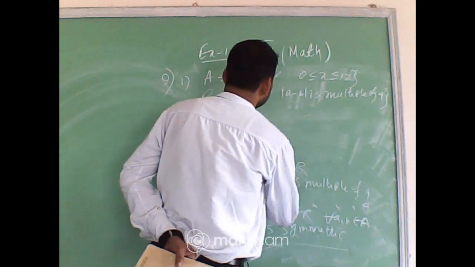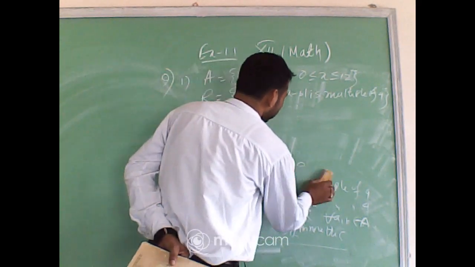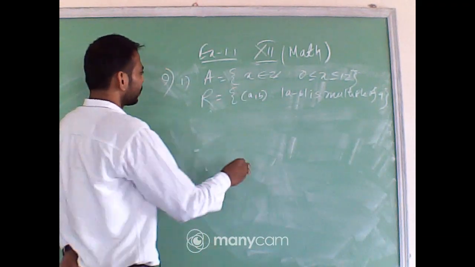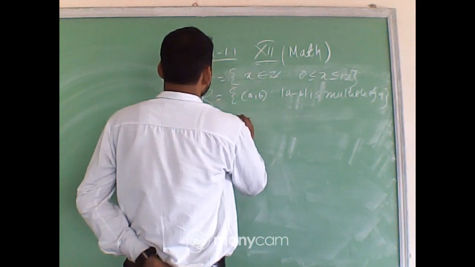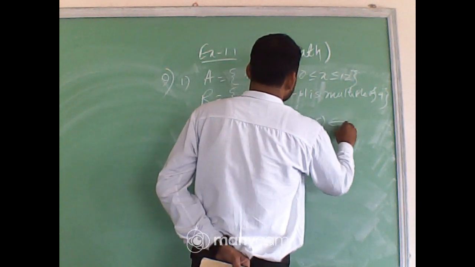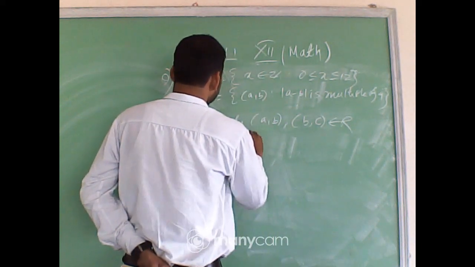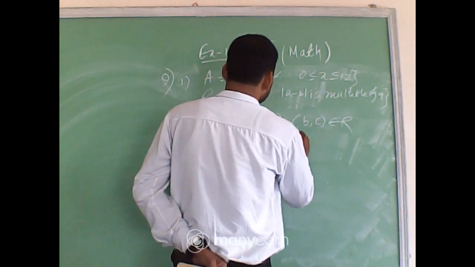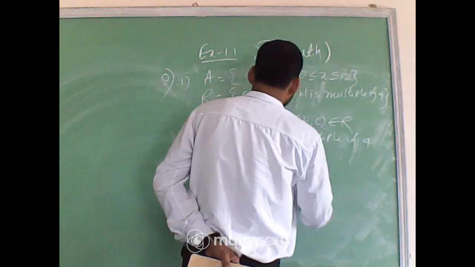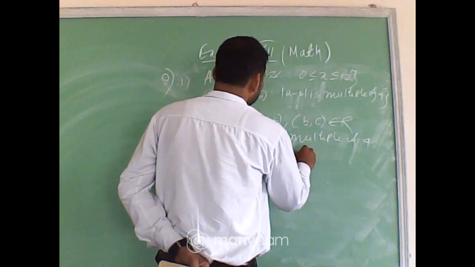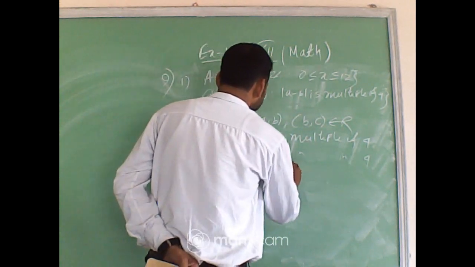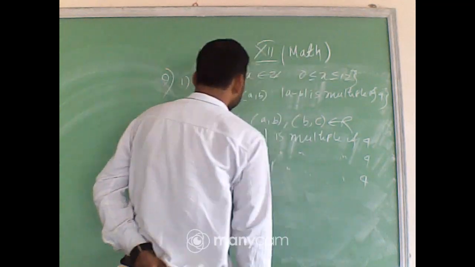Now the transitive portion. Let (a, b) and (b, c) belong to R. Therefore, |a - b| is a multiple of 4 and |b - c| is a multiple of 4, which implies |a - c| is a multiple of 4.